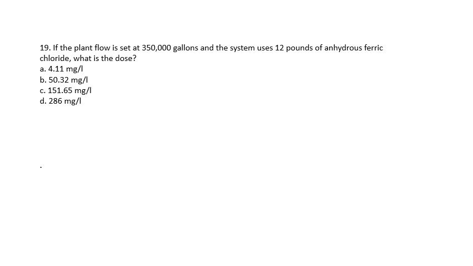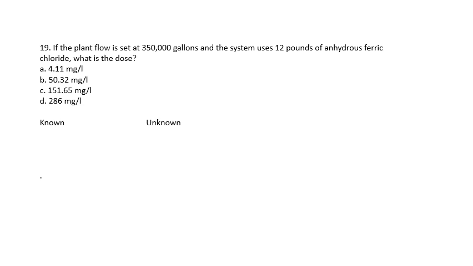Question 19. If the plant flow is set at 350,000 gallons and the system uses 12 pounds of anhydrous ferric chloride, what is the dose? 4.11 milligrams per liter, 50.32 milligrams per liter, 151.65 milligrams per liter, or 286 milligrams per liter?